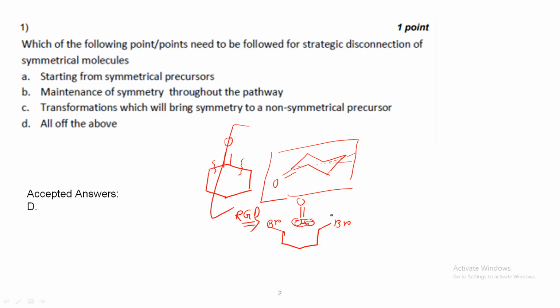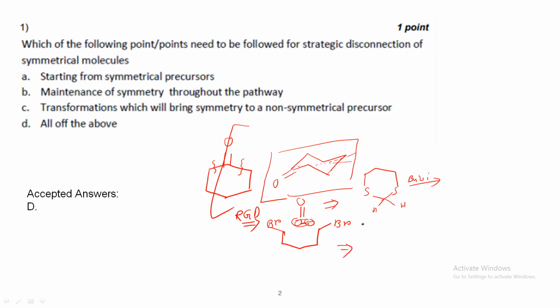So how can we achieve this? We can consider simply this kind of synthetic equivalent, where with a strong base we can abstract this acidic proton, and these are easily available.